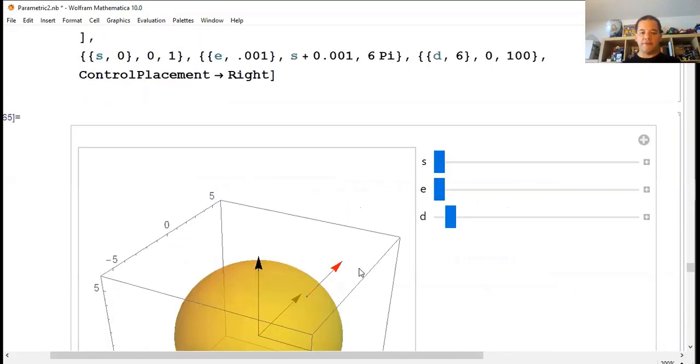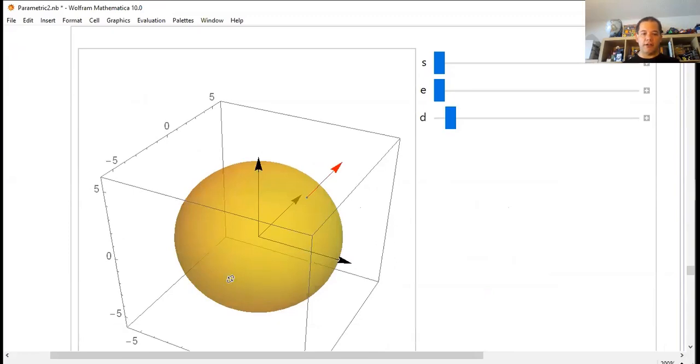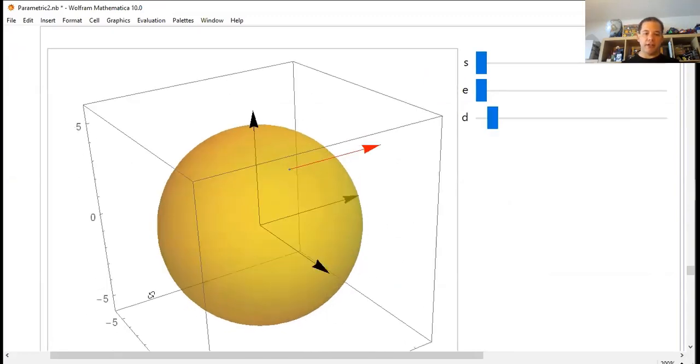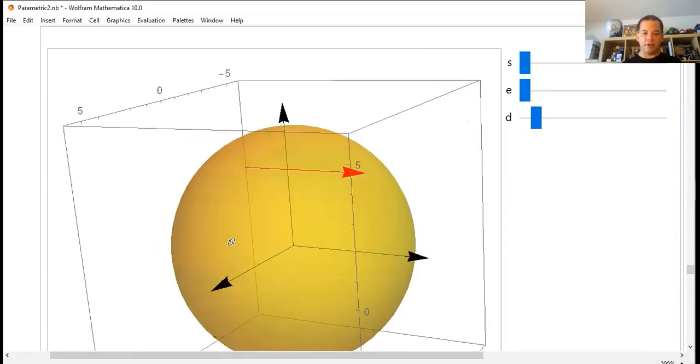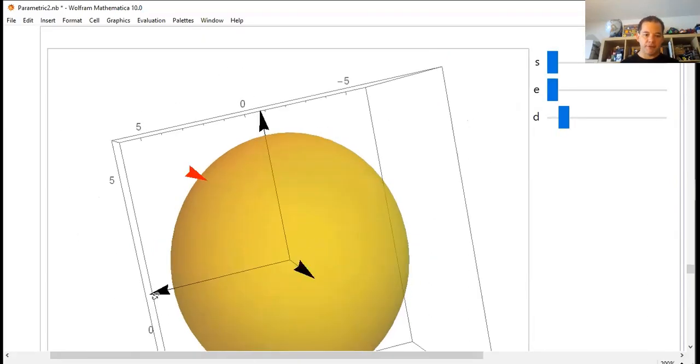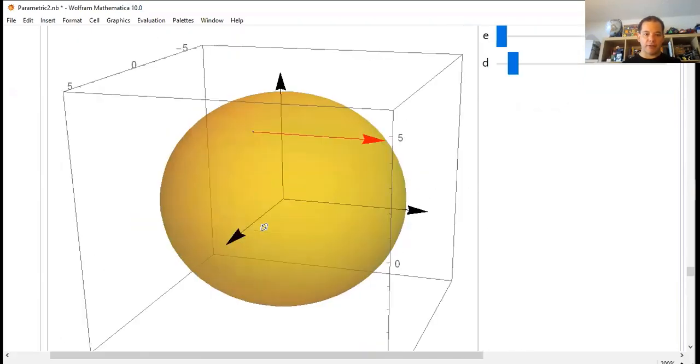So here's the sphere. That yellow one that you see on the screen, that's our sphere of radius 5. And I made it a little bit transparent so we can see what's going on. Otherwise, we don't see anything.